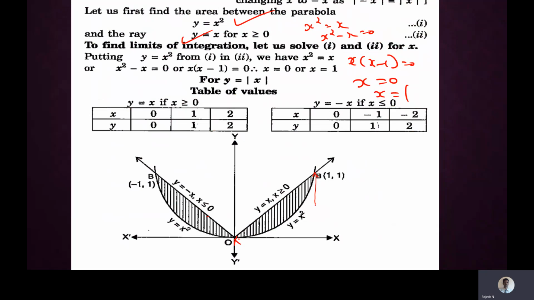The area under the curve y is equal to x minus the area under the parabola gives this area. This is the formula: 2 into integral 0 to 1 of the line minus integral 0 to 1 of the parabola. This is the answer.